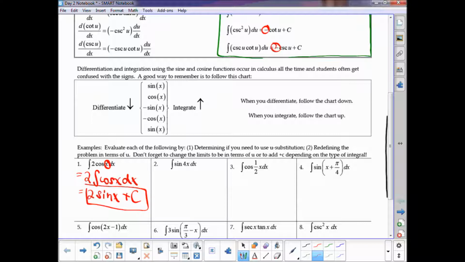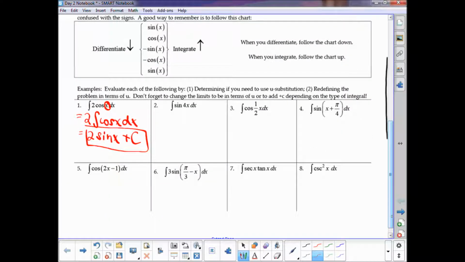Alright, number 2 though, we do see we have something more than just x. We have sine of 4x. So we do have something more than just x within there. So we are going to want to use a U substitution. So let U equal 4x. I'm going to warn you guys, you're going to want to write decently small for this.